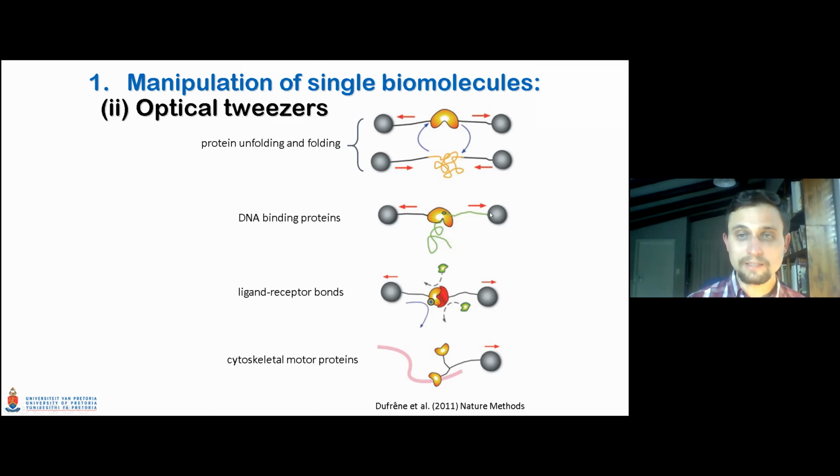Another application is that you have DNA bound to this bead, and you have a protein bound to a strand of DNA on the other bead, and then you are pulling the DNA through the protein and investigating the interaction between the DNA and the protein.